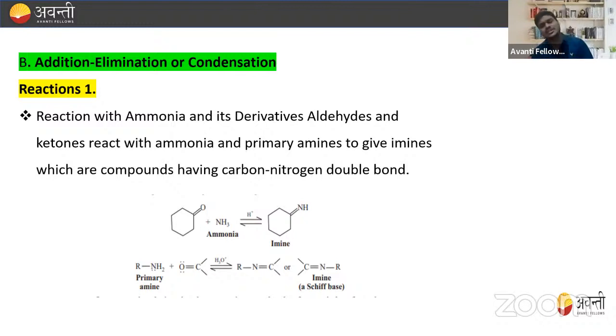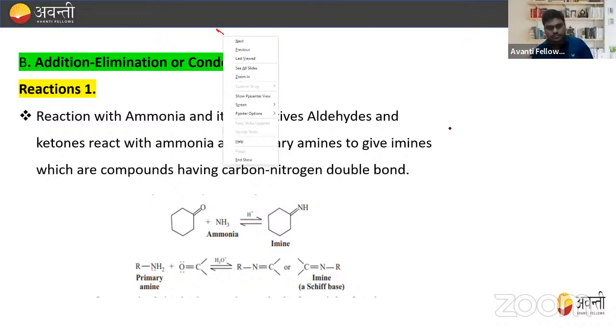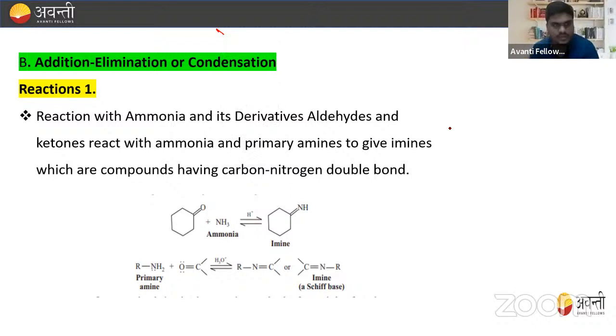So basically, the reaction with ammonia and its derivatives: aldehyde and ketone react with ammonia and the primary amine to give imines, right? To give imines, which are compounds having a carbon nitrogen double bond.